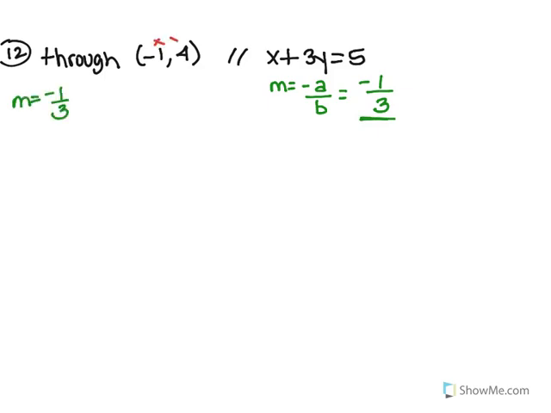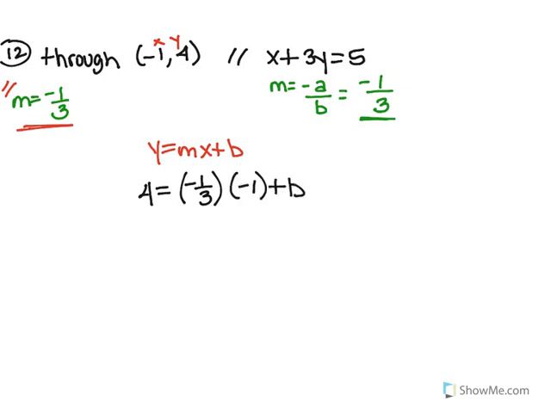So I'm going to take my point and the parallel slope, and I'm going to plug it into y equals mx plus b to find the b. So y is 4, m is -1/3, x is -1, plus b. And so that would give us 4 equals 1/3 plus b. And then what are we going to do?